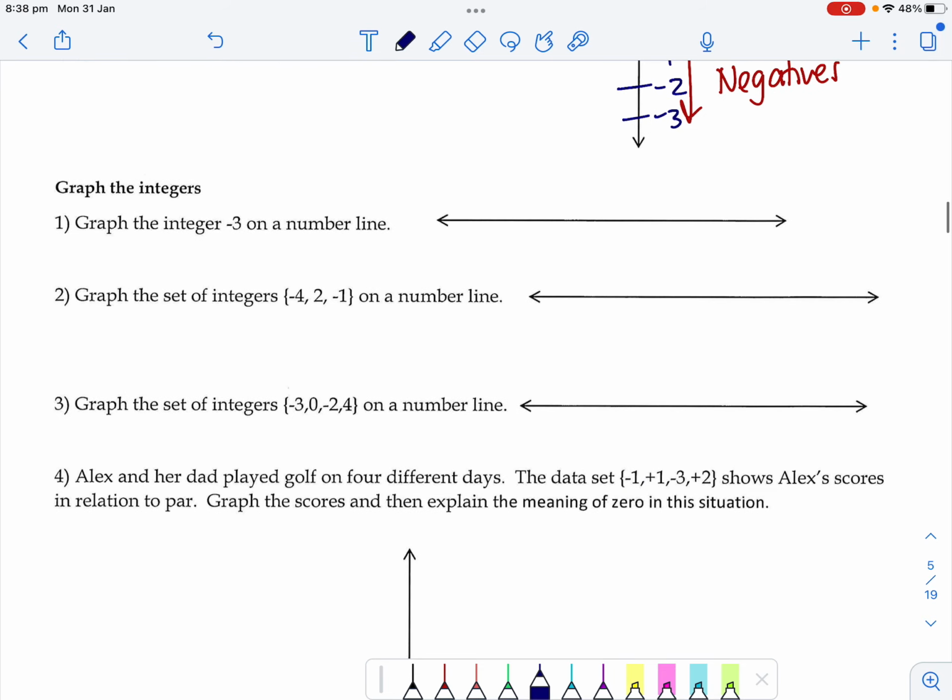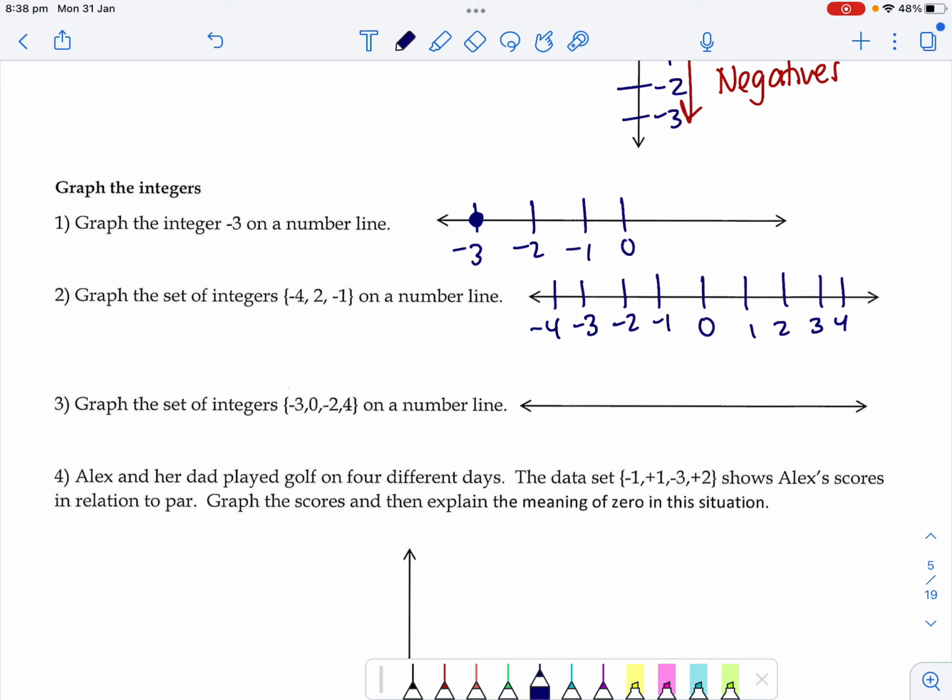So when I graph these integers, here's 0, I'm going to plot -1, -2, -3, and there's my -3 on the number line. I'm going to put a point on that number because I'm specifically graphing that number. For the next one, it says -4, 2, and then -1. So I'm going to start with 0, so -1, -2, -3, -4, and then 1, 2, 3, 4.